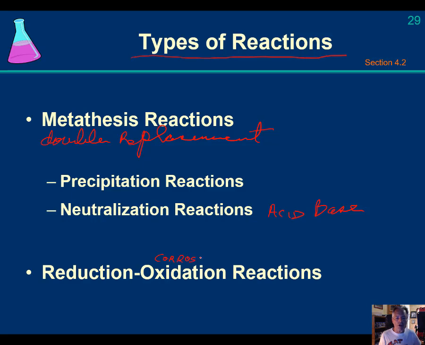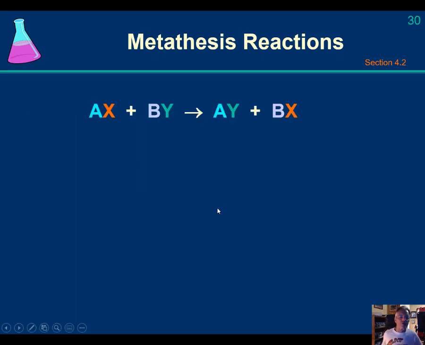So when a metal corrodes, we call that oxidation. Also, the batteries that you have in every device that requires electricity that you walk around with, combustion reactions are also in the category of reduction oxidation reactions. Let's deal with precipitation first.